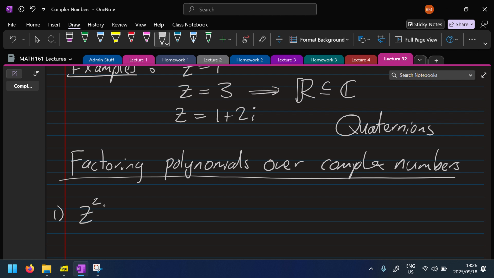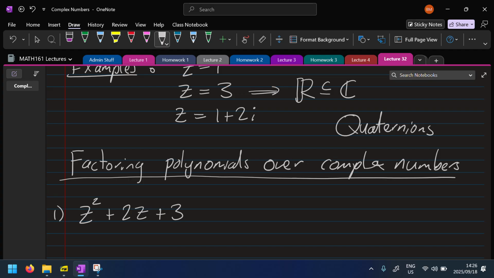Okay, so let's have a look. We've got z squared plus 2z plus 3. And from now on, we're going to work with z, not x. x and y are going to be real numbers. Whenever you have a z, we assume that it is a complex number. Rather stick to that convention, and then you won't get confused. So we want to factor this polynomial.